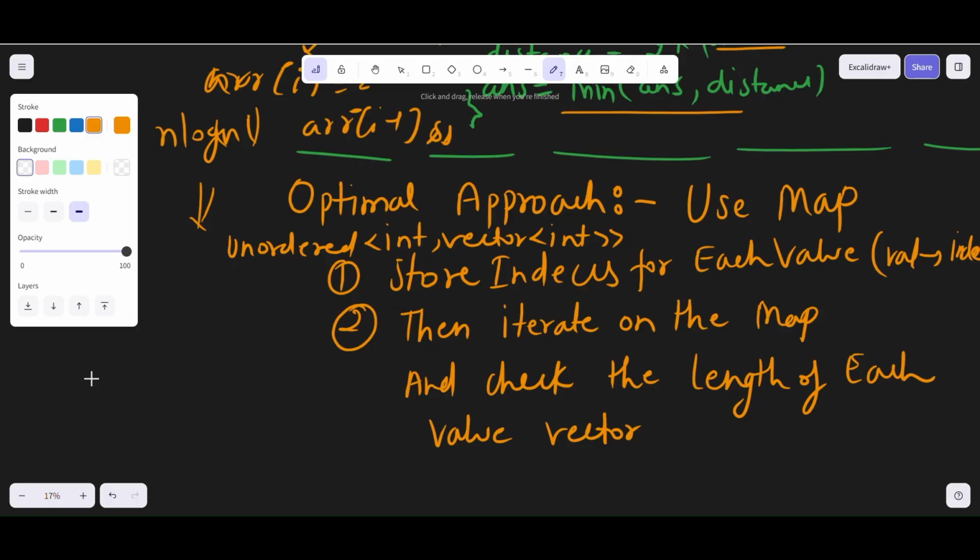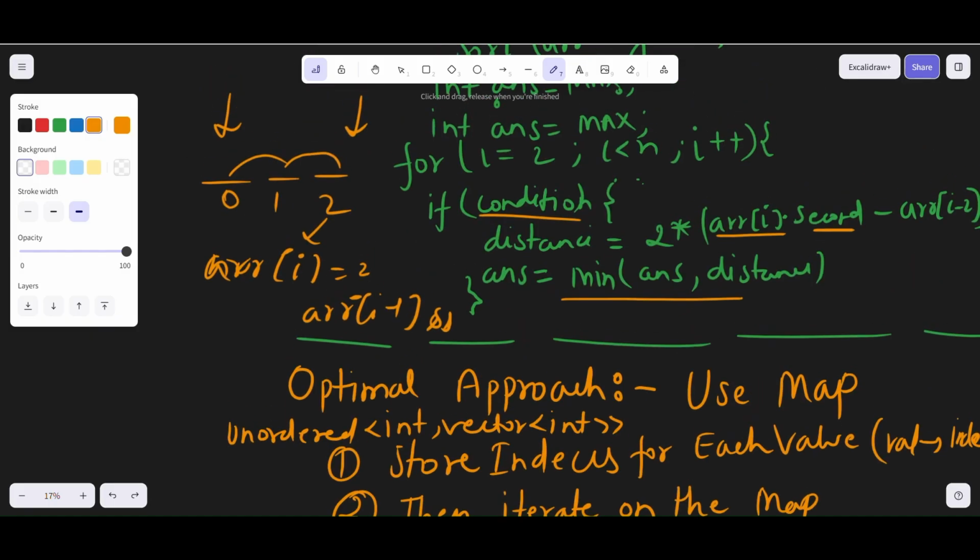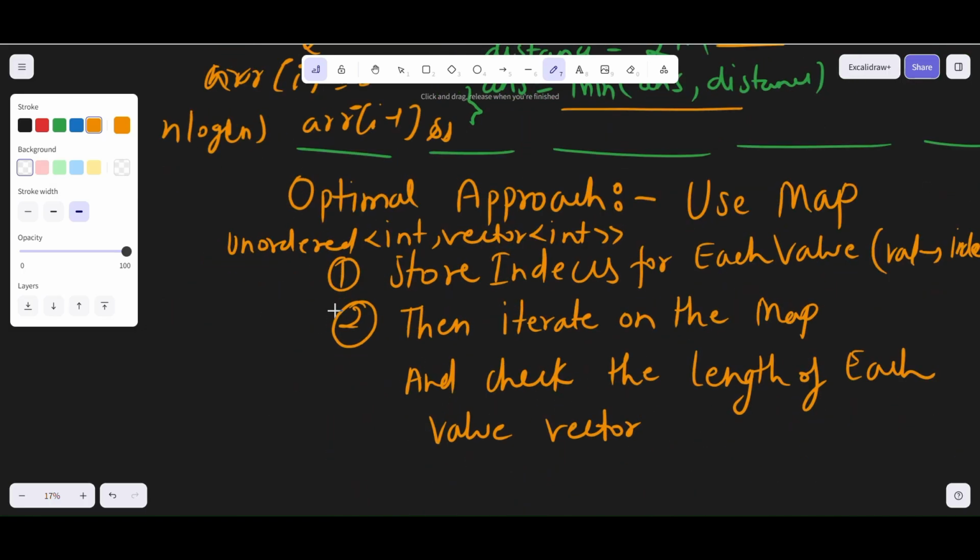The key will be the actual value, and we store all the indices where this value is present.